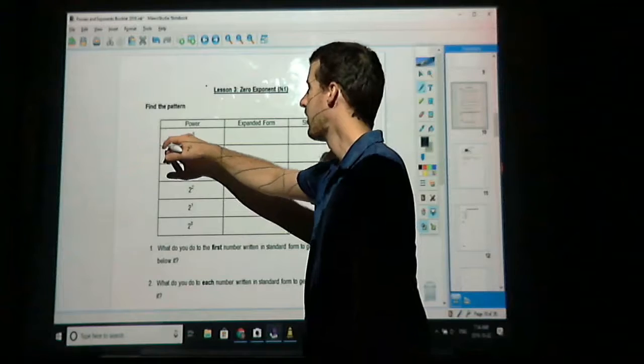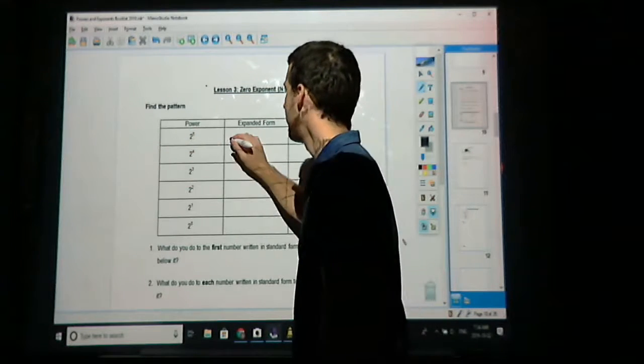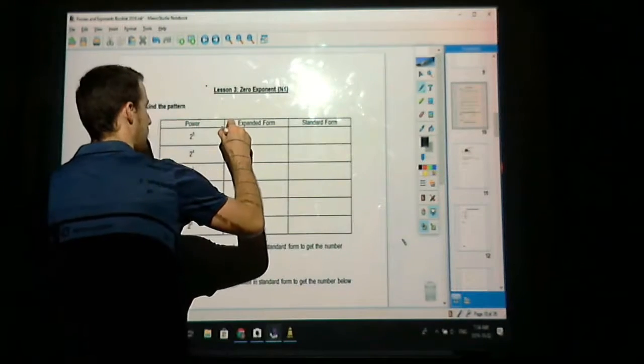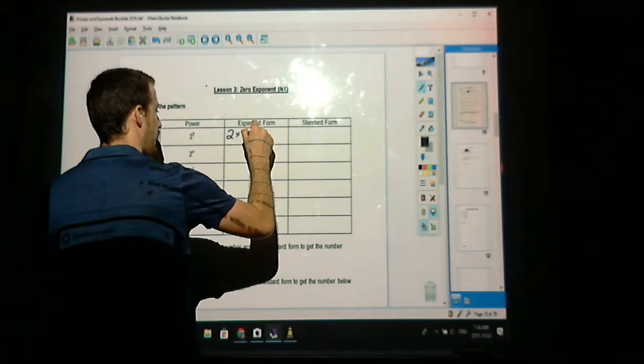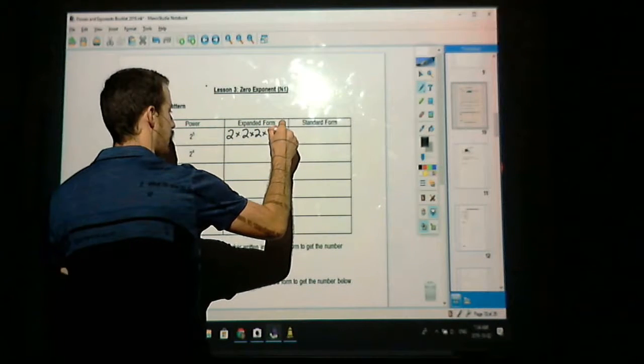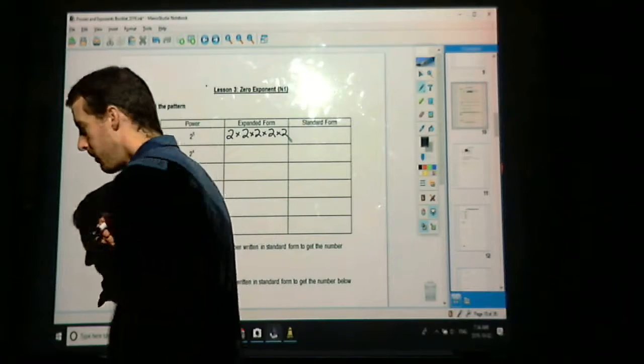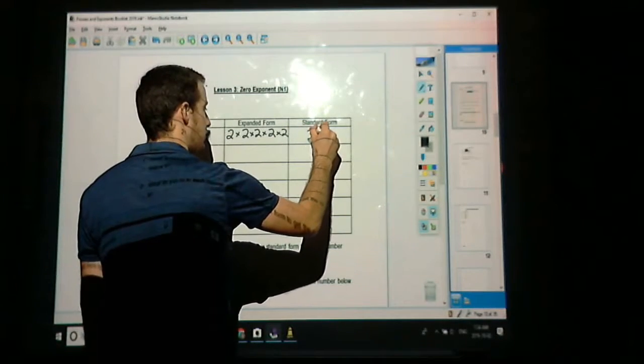Okay, so 2 to the power of 5 is going to be 2 times 2 times 2 times 2 times 2, right? And that breaks down to 32.